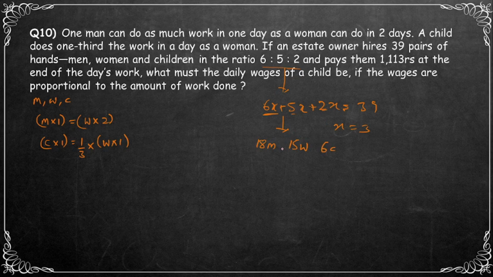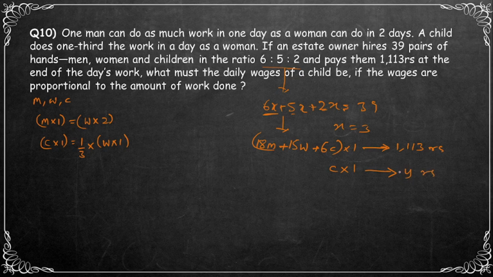So 6 3s are 18 men and 5 3s are 15 women and 2 into 3, 6 children. So this is the combined productivity if they work for 1 day. So this is the amount of work they get done in 1 day, and they get 1,113 rupees. So how much should a child get in 1 day? The amount of work that he can do in 1 day is his productivity C into 1. So he should get Y rupees, right?